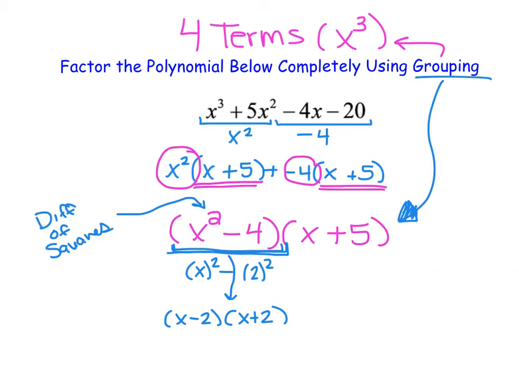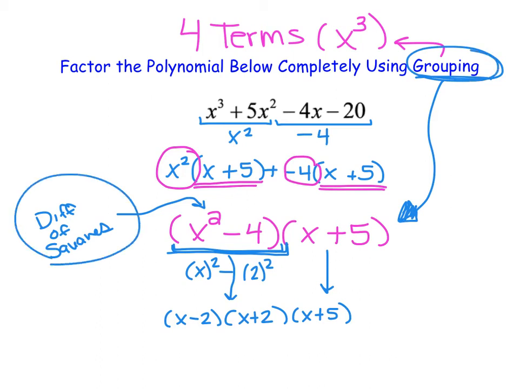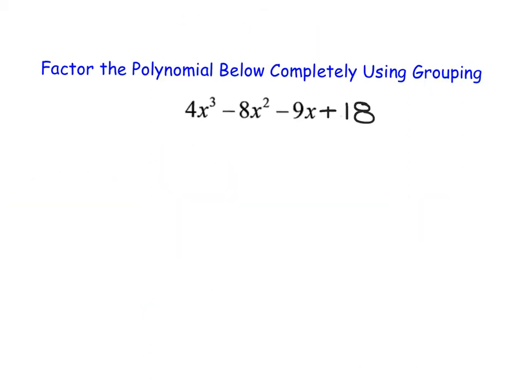So we can factor that a little bit further using what we know about the difference of squares. And then from here, this x plus 5 just gets carried down. So here we were able to use the factoring by grouping trick, and then we mixed it together with a difference of squares problem to fully factor this polynomial to be x minus 2 times x plus 2 times x plus 5.